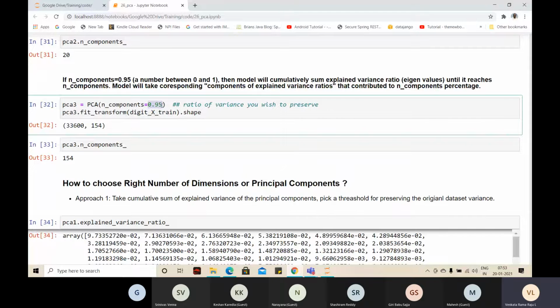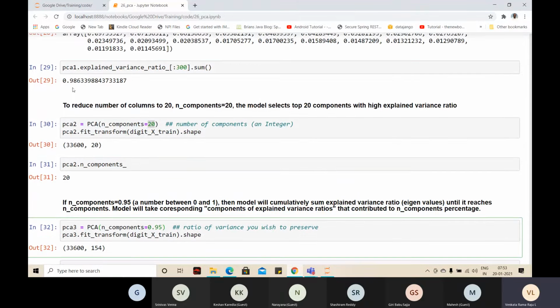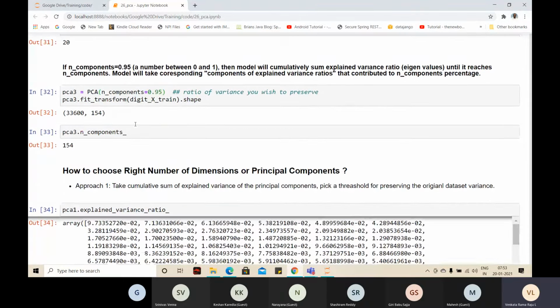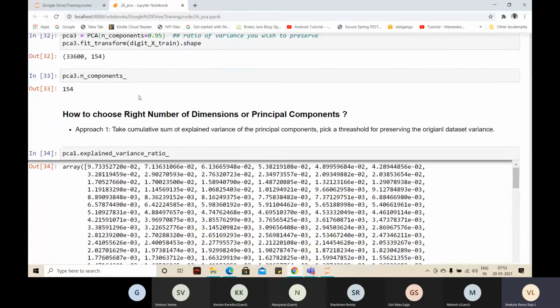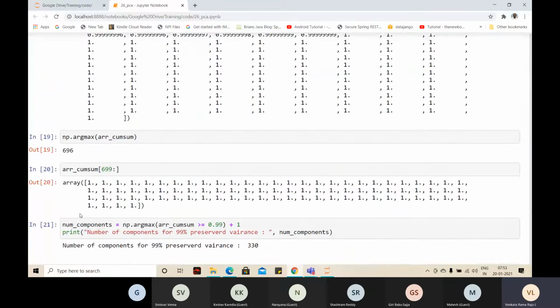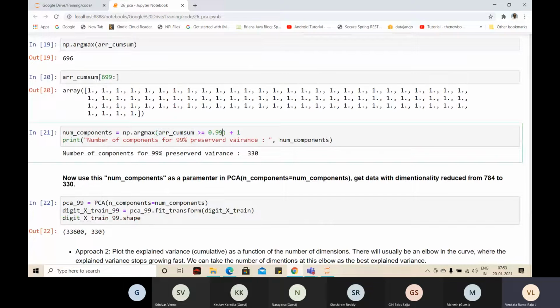It's going to do logic like this: argmax of cumulative sum greater than or equal to 0.95, plus 1. Wherever this condition is satisfied, that index it will get. So that index is 330. 330 principal components you need to take.